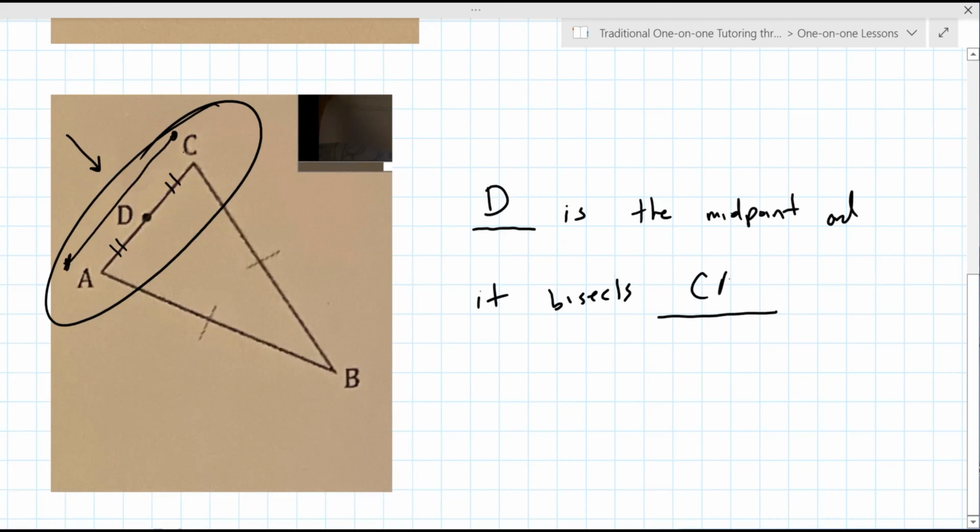C and A. So it could be CA or it could be AC. Okay, got it down.